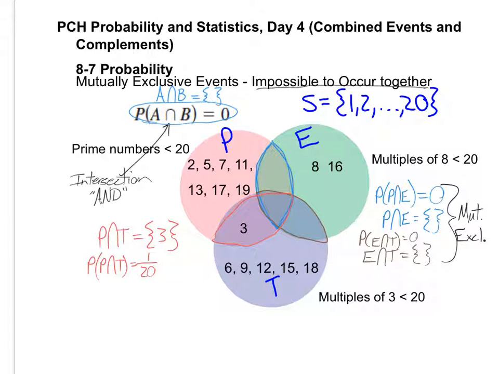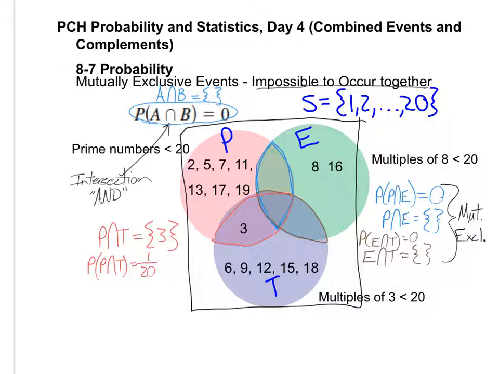What do you mean by sample space? The sample space is all of the numbers from 1 to 20, right? So I'm missing a few of those. So for this Venn diagram to actually be complete, I would need to include those, and they would be outside of any of the circles. This is our sample space.